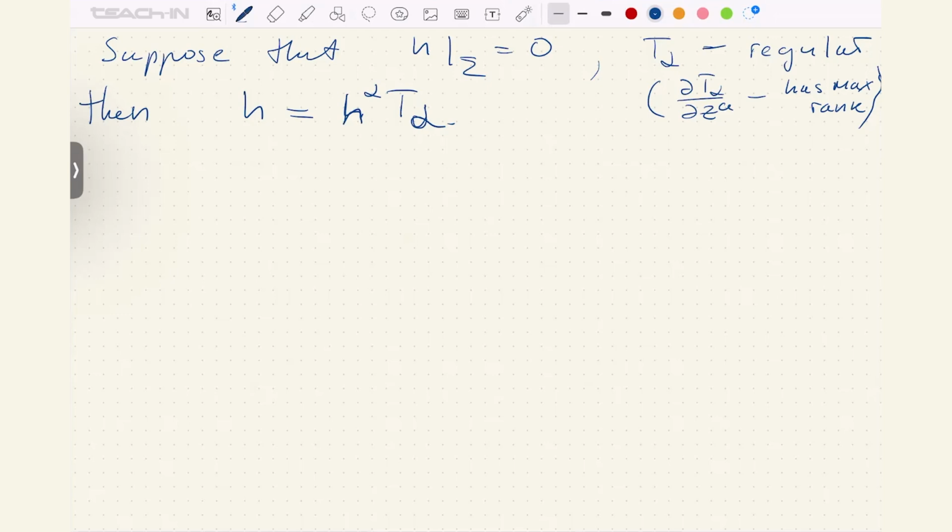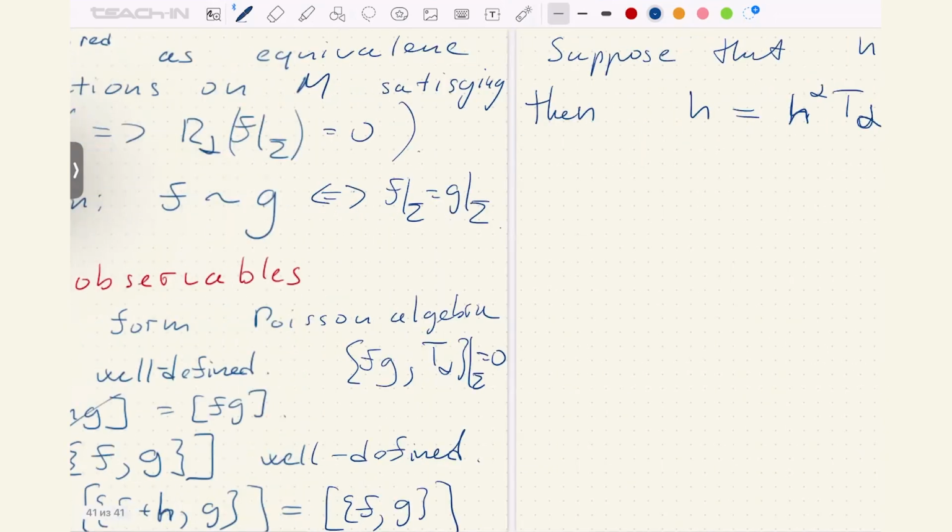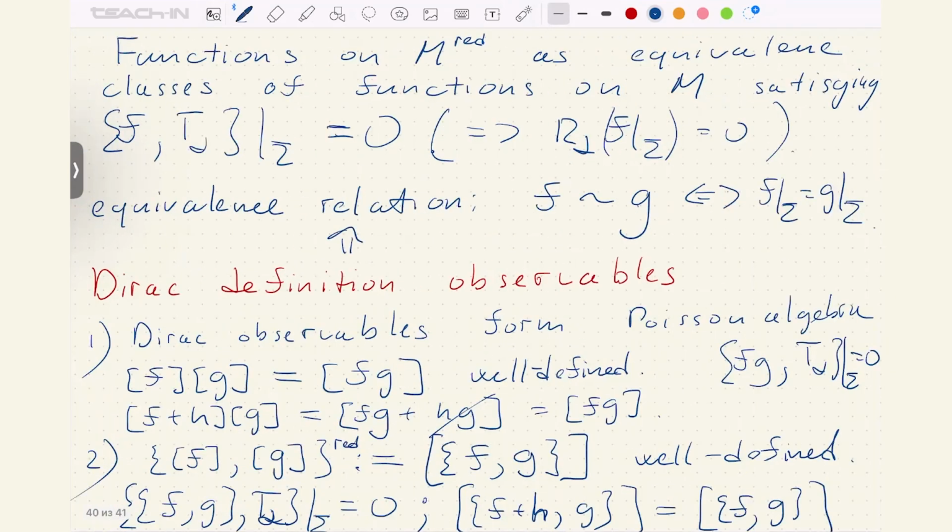So now let me get back to what we have. We need to make sure, for instance, let's consider the second, that this equality holds. But now we know that H here can be written as a linear combination of constraints, and this actually does the job.